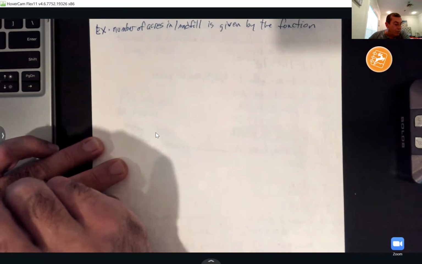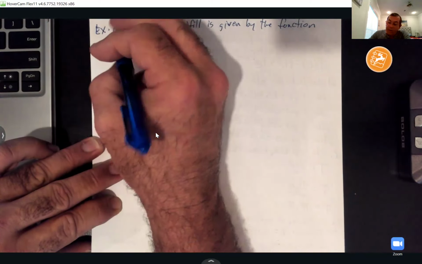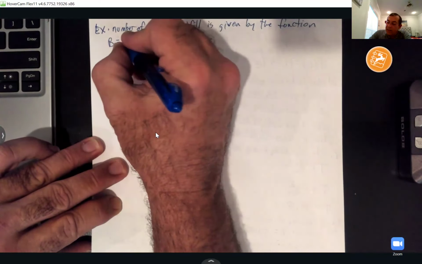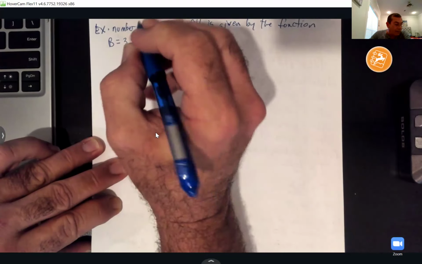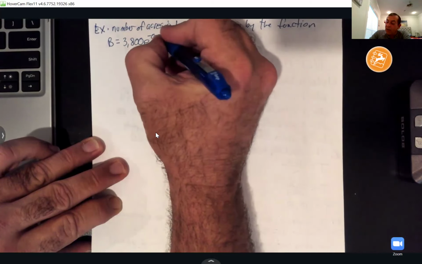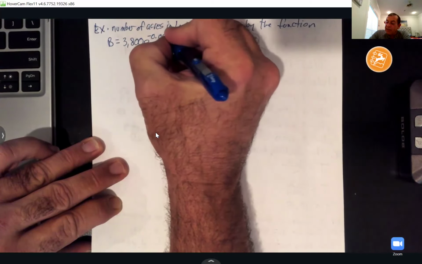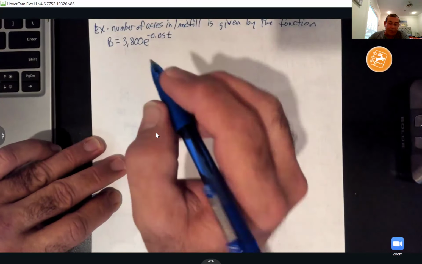So this one is B equals 3,800 e to the negative 0.05t. And once again, t is measured in years.